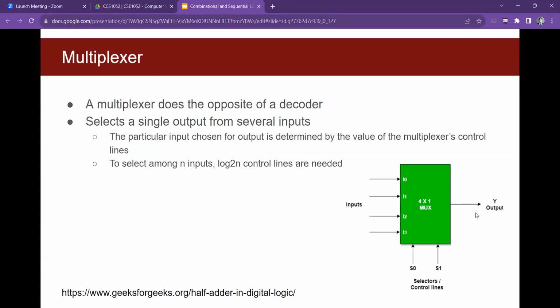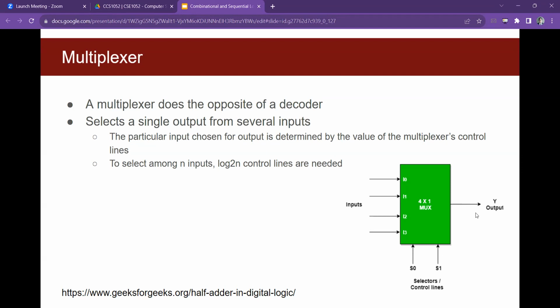There are not so many outputs, only one output, but there are some control lines. And if there are 2 control lines, that means there are 4 inputs. If there is only one control line, that means there are only 2 inputs. However, there will be only one output in a multiplexer.